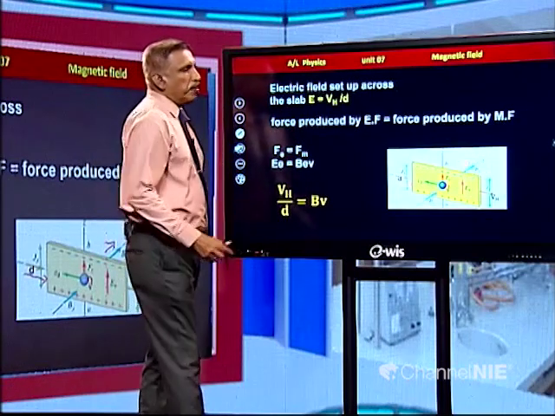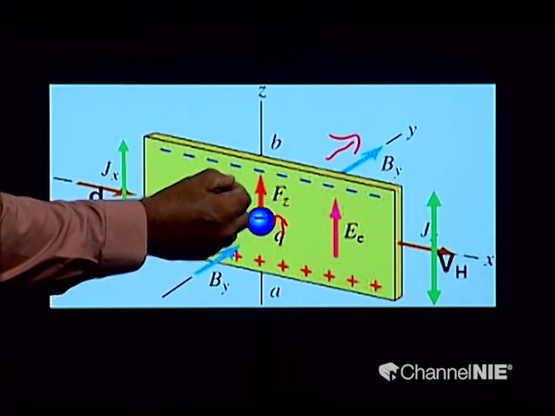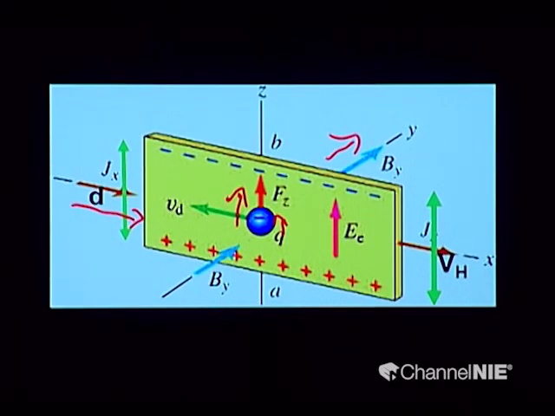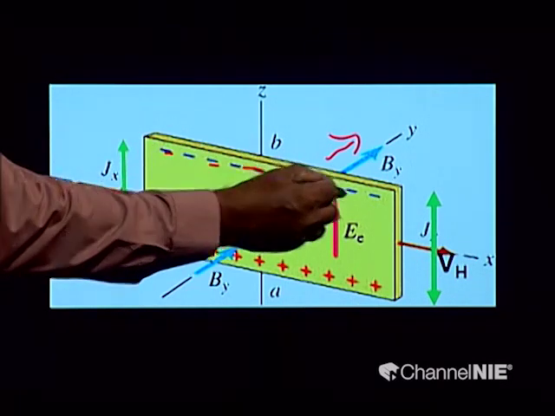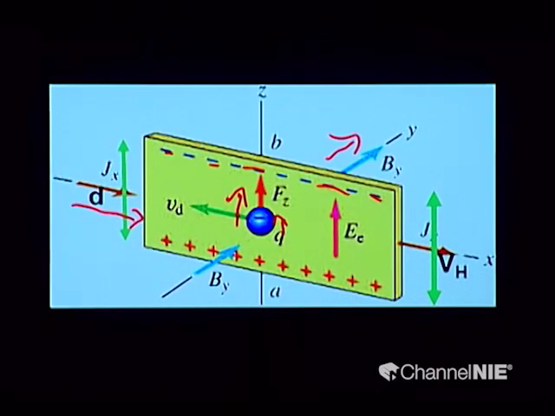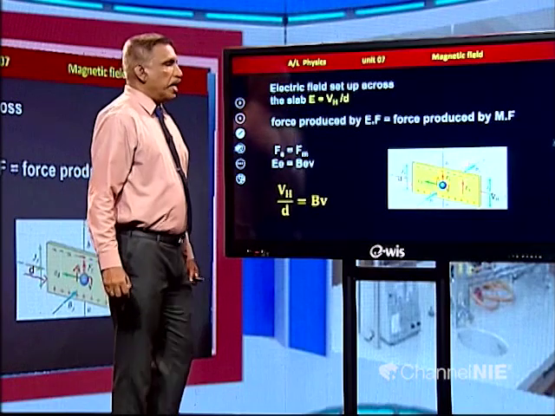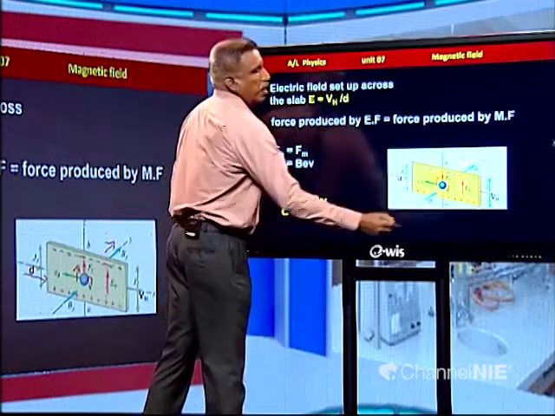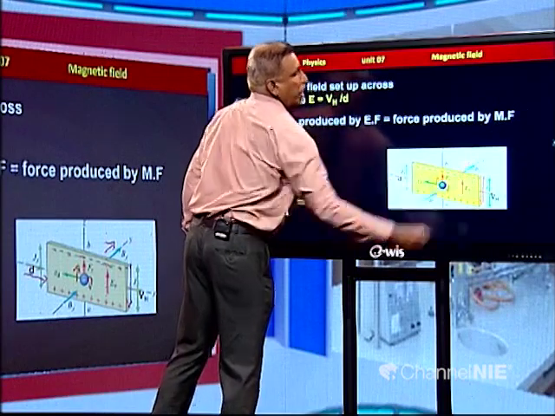Therefore, the magnetic force on this electron is in the upward direction. So, this electron comes to the upper side of this conductor. Normally the lower side is positive relative to the upper side. Therefore, voltage is set up between these two sides.